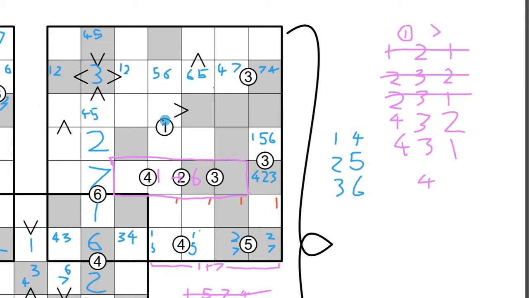All I know is it can't go up to a 5. So it's down to a 3. So it's going to be always 3, 4. But then there's 3, 4, 3. 3, 4, 2, and 3, 4, 1.